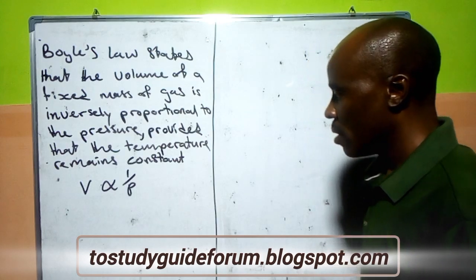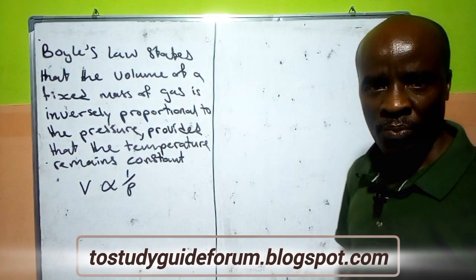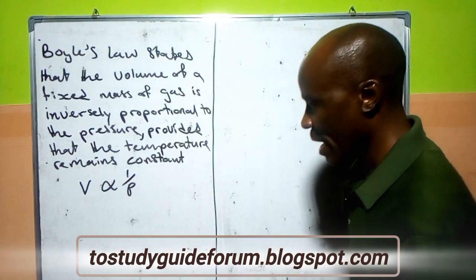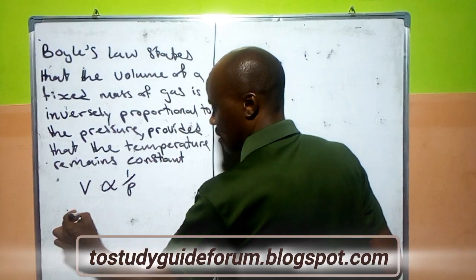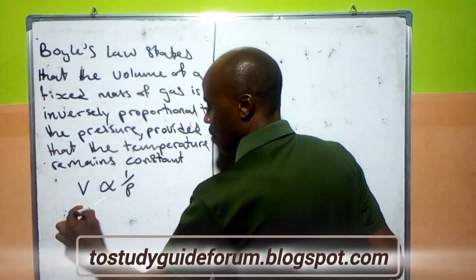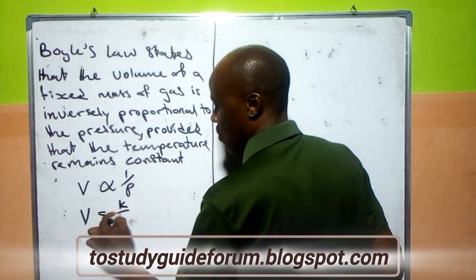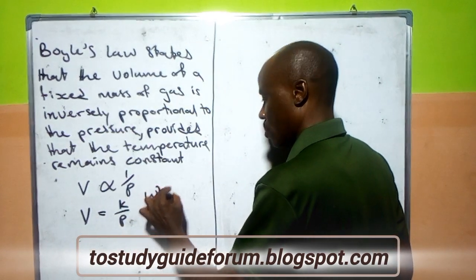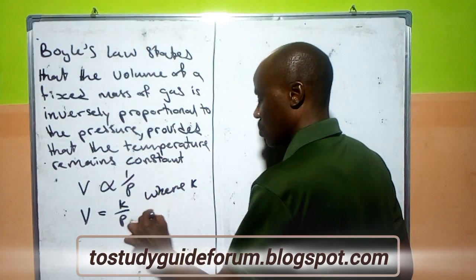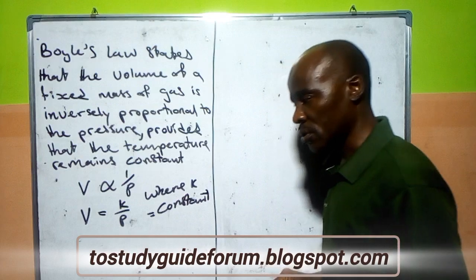Now, if we go further in mathematical representation by applying a constant, volume will then be K over P, where K is equal to what? Constant. This constant, that's what we mean.